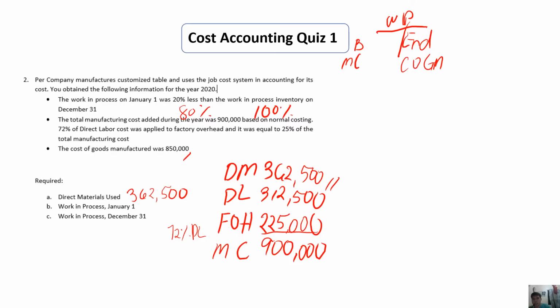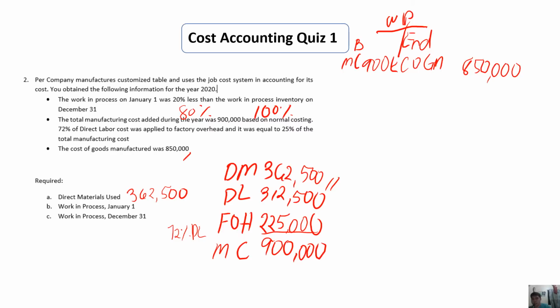Given na yung manufacturing cost, nakalagay dyan ay 900K. Tapos, yung ating cost of goods manufactured, we have 850,000 pesos. As you can see, ang nawawala, beginning at ending, pero nagbigay po ng rate. Para hindi kayo mahirapan, edi kuhaan nyo na lang po yung difference ng manufacturing cost tapos yung cost of goods manufactured. Ito yung mga magaling na mag-analyze.